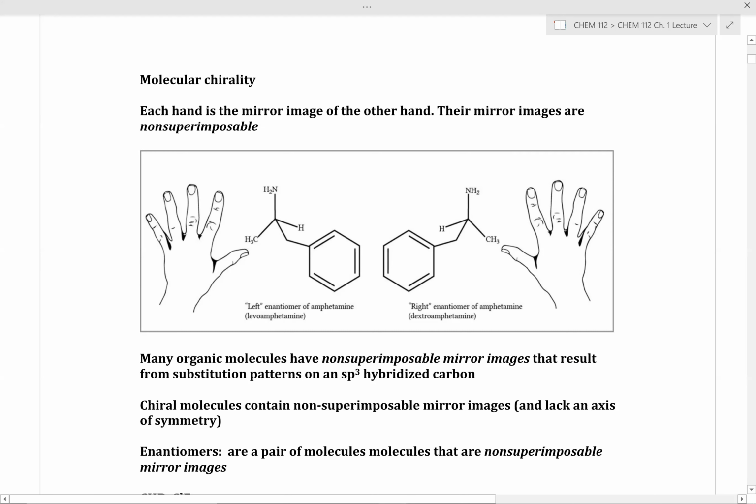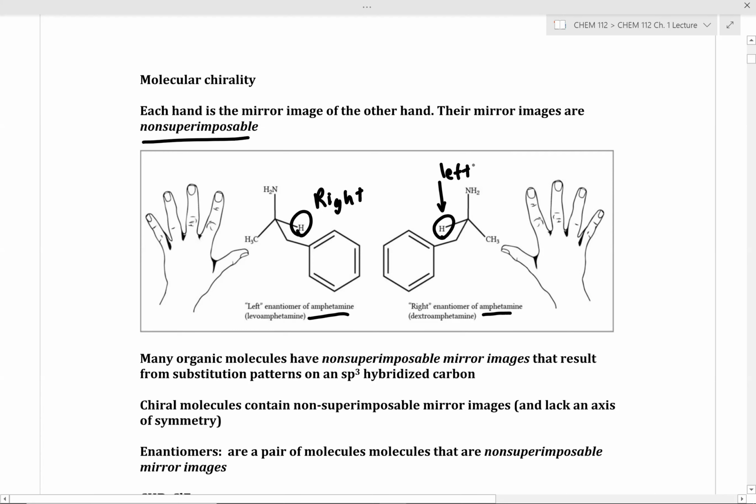They're non-superimposable. So to use a more chemical example, if we compare these two enantiomers of amphetamine, we can see that no matter how hard you rotate, if you try to bring these two molecules on top of each other, you notice that in the structure on the left, the hydrogen is on the right, and in the structure on the right, the hydrogen is on the left.